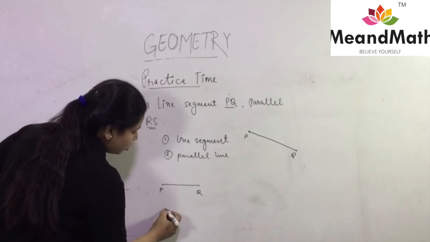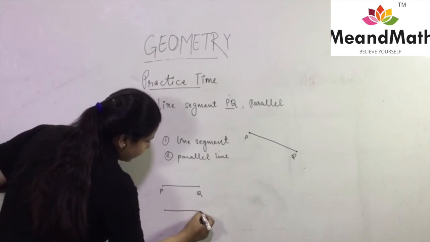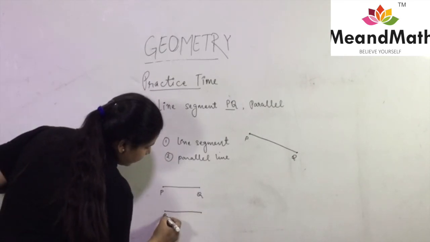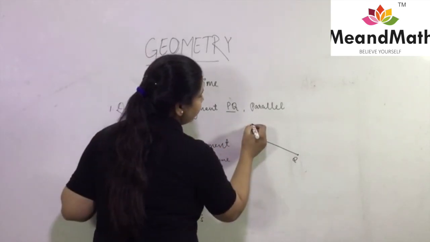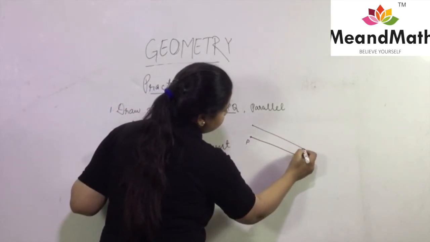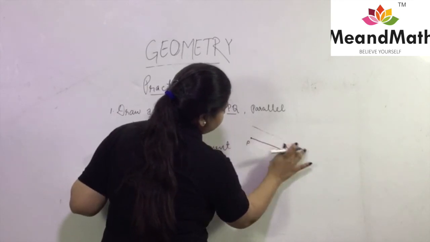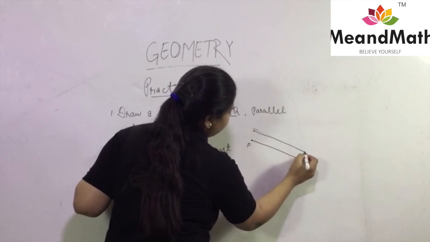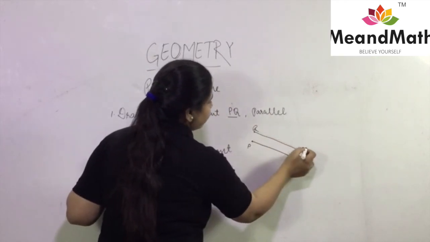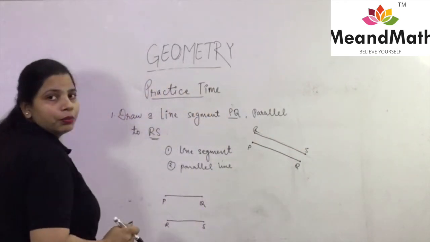So you will draw another line segment RS which is parallel to this. Here I will draw it like this. This is R and this is S, parallel to PQ.